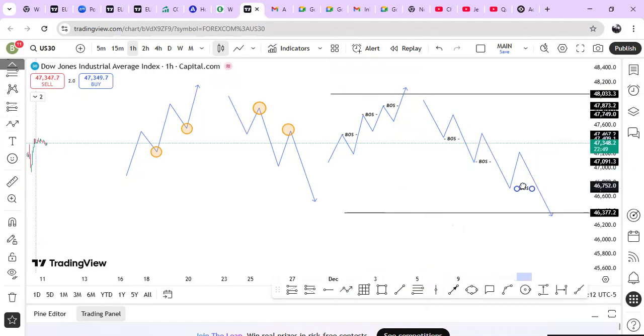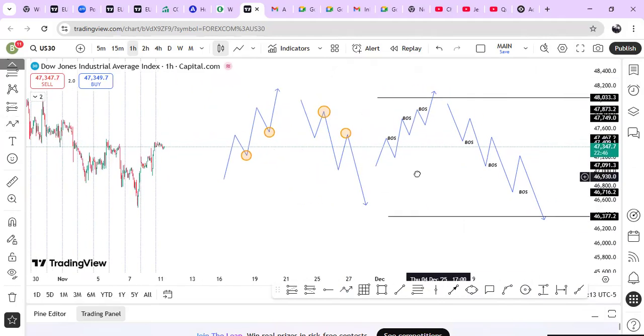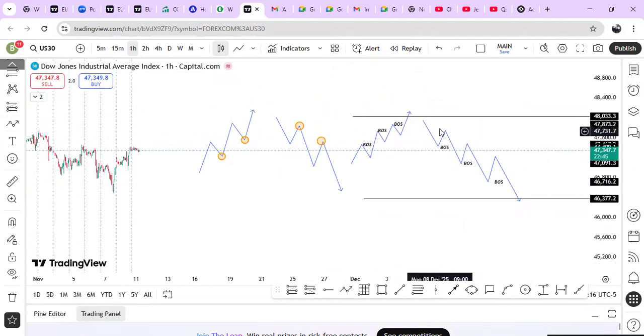Same thing here. So they read price in structure breaks: impulsive push, correction, impulse. At the end of each correction leg, once price closes below with a full candle, that is a break of structure.